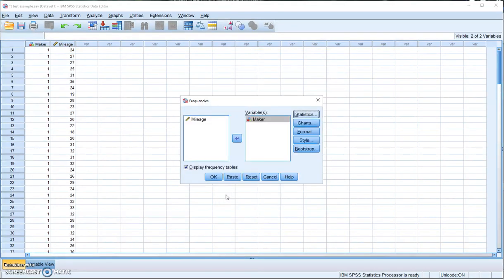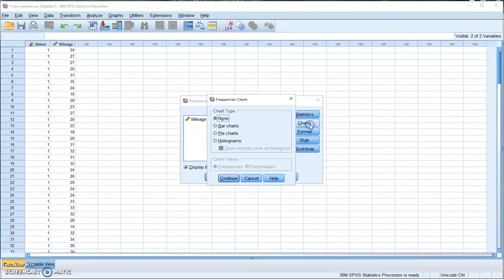And if you want to have some kind of visual display of the distribution for this type of variables, you can go to this place called Charts. And for qualitative variables, which include nominal and ordinal variables, you can ask for bar charts as well as pie charts, but you can only ask for one at a time. So I'm going to do the bar chart at this time just to show you the frequency of the distribution.